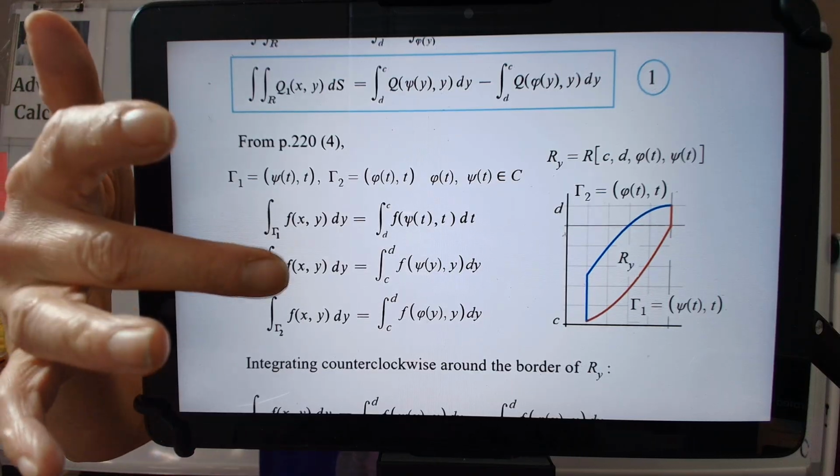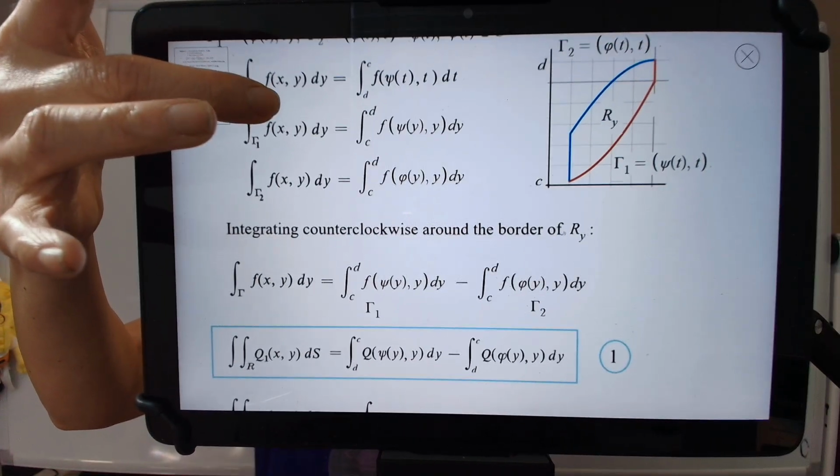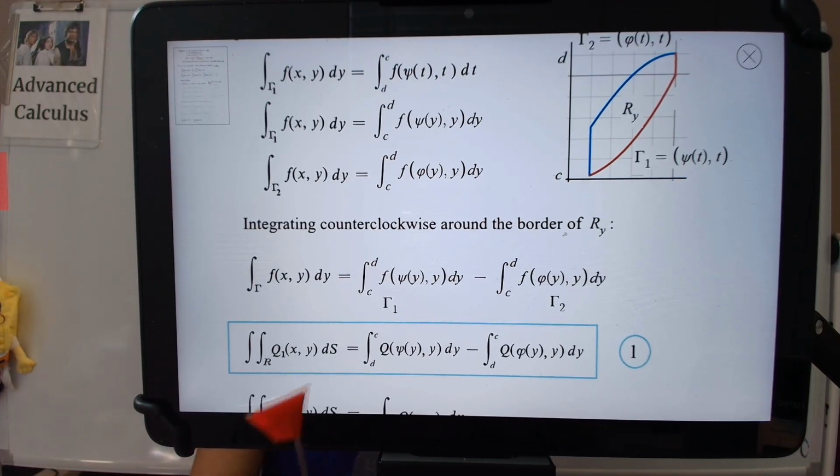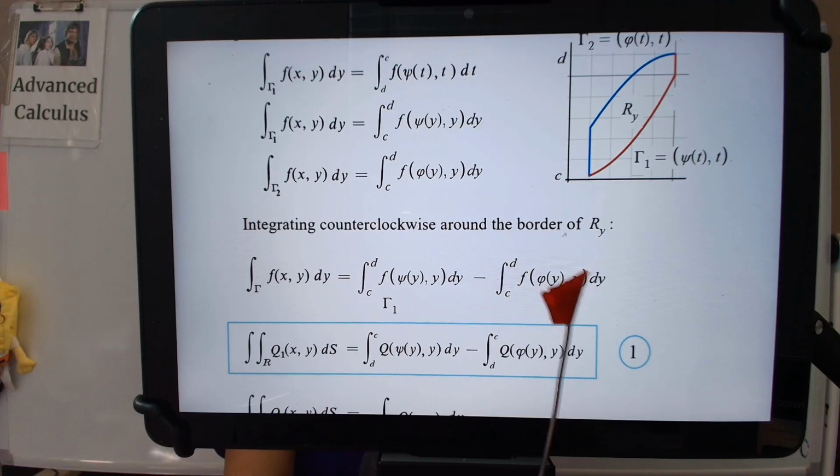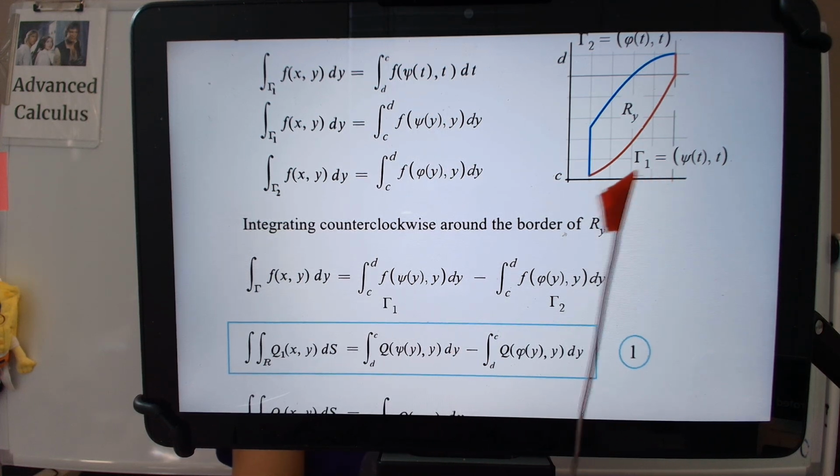And the next thing, we do a similar trick, integrating counterclockwise again around the border of now our y. We will have the first integral, which is gamma 1, going up, that's okay, but gamma 2 is going down, so we have to do the subtraction.